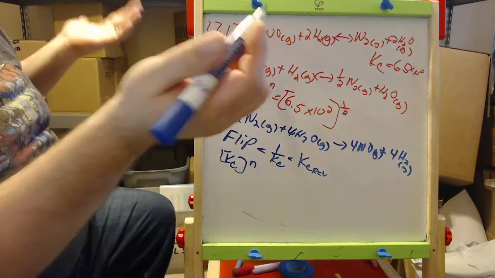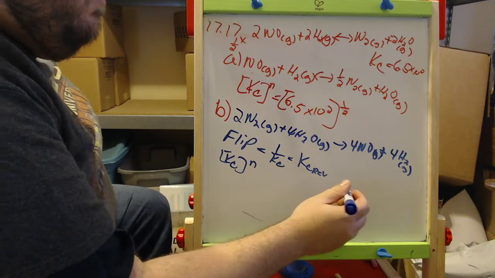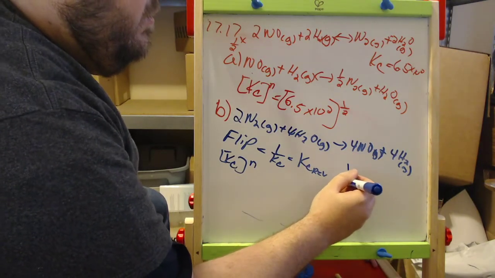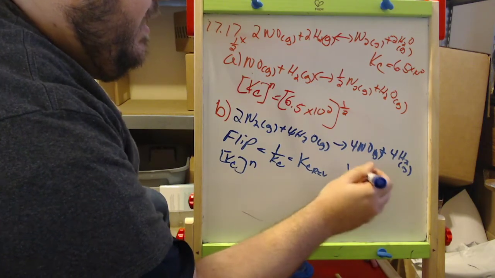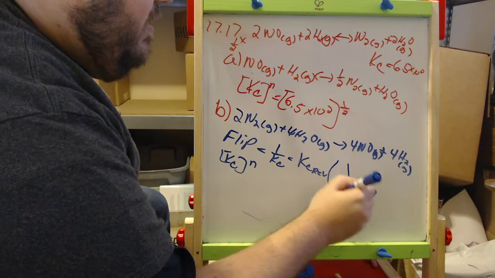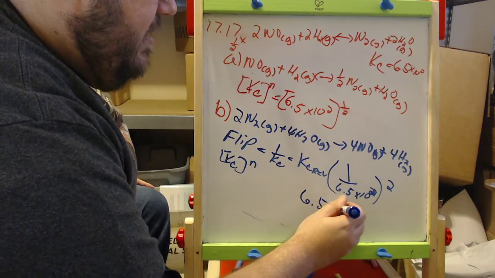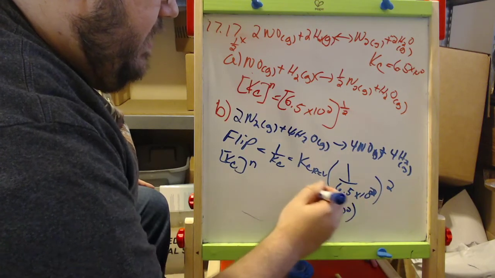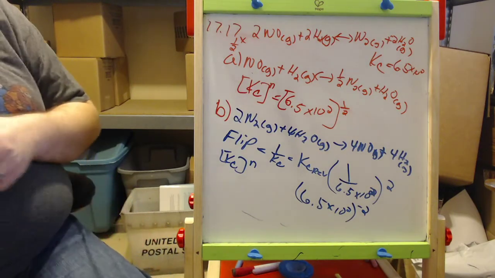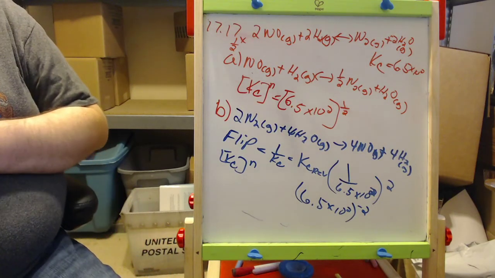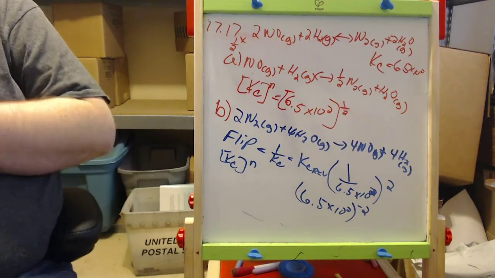So our answer, and you could do it two ways, essentially, we have to combine the two, would be 1 over the 6.5 times 10 to the second, and then we square that whole thing, or 6.5 times 10 to the second raised to the negative 2 power. Yeah, there's no such thing as division, so you use multiplication.